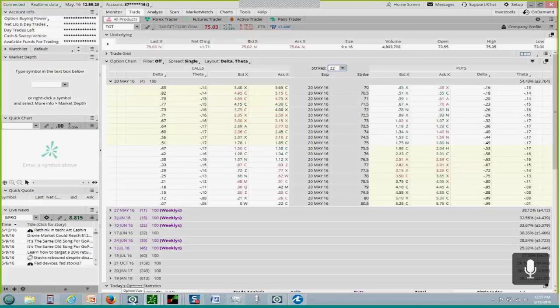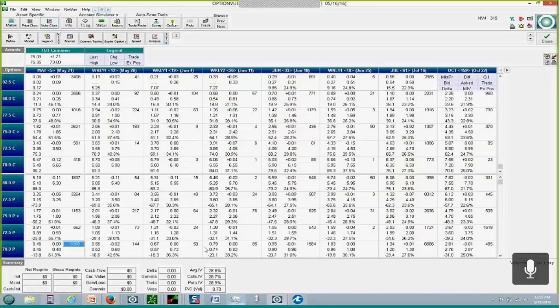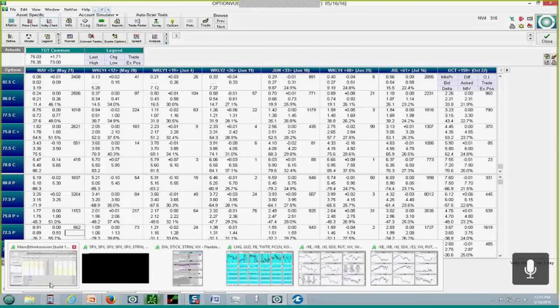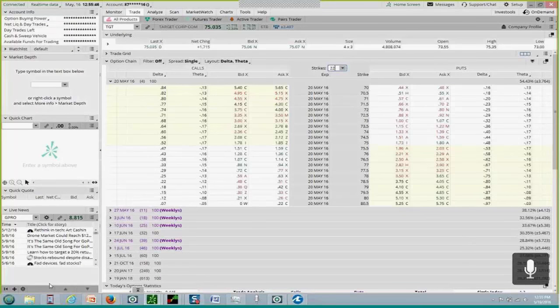So what would happen if I was to sell a 72.50? Let me double check something here. Yeah, they do have 72.50. That might even be better.